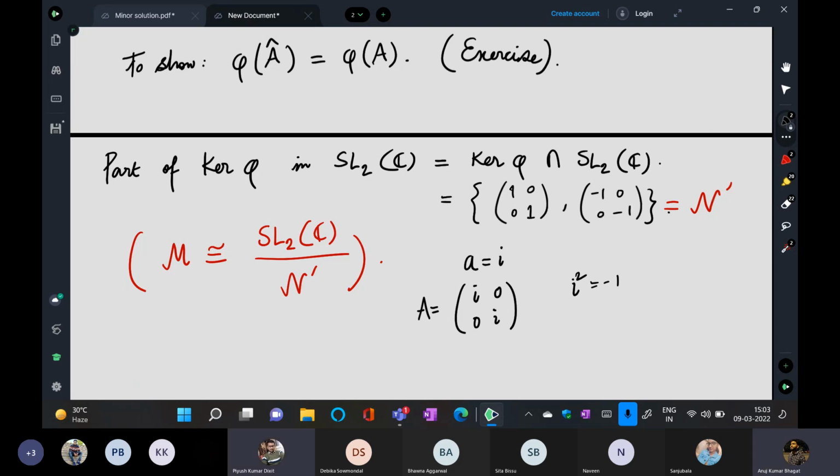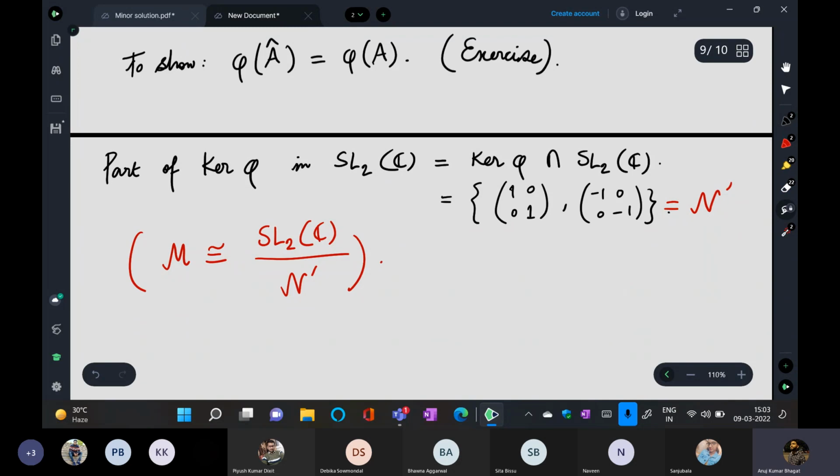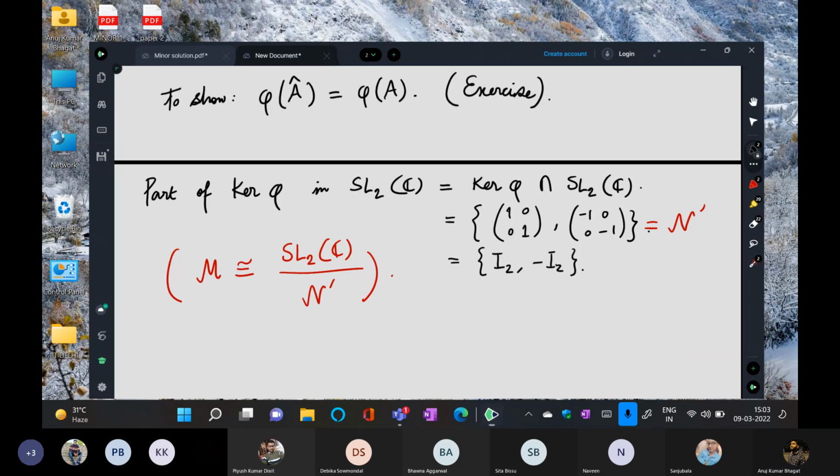Yes, sir. You cannot take mod A equals to 1, that is right. It will only have plus and minus of I2. Okay, sure, it is correct. That's all for today. Meet in the next class then.